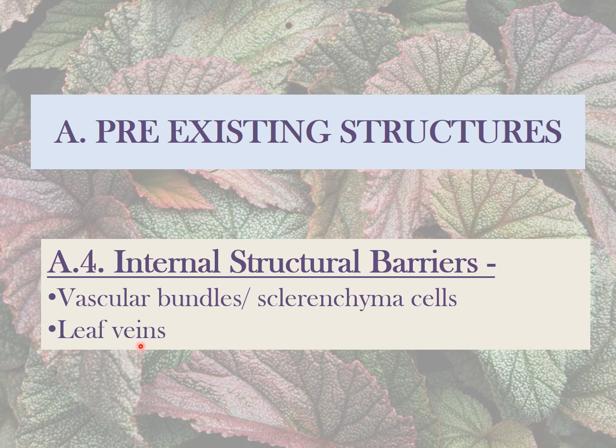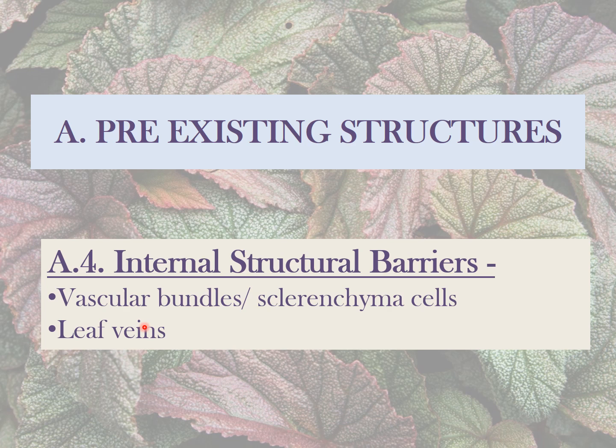Another example is leaf veins. It has been seen that leaf veins can also to an extent prevent the spread of the pathogen, like it has been seen in angular leaf spot diseases. In such diseases, the pathogen gets obstructed in the leaf veins and will only spread between the leaf veins.